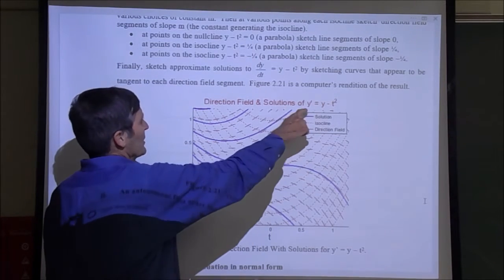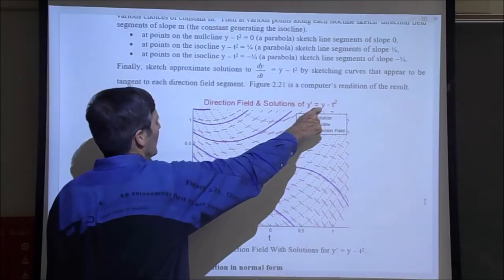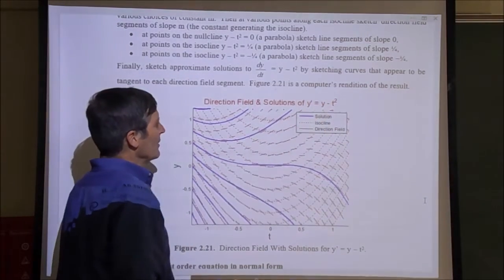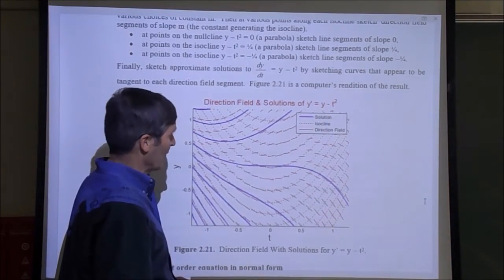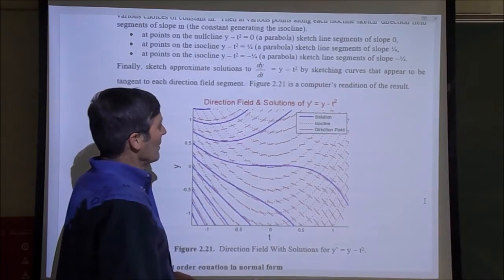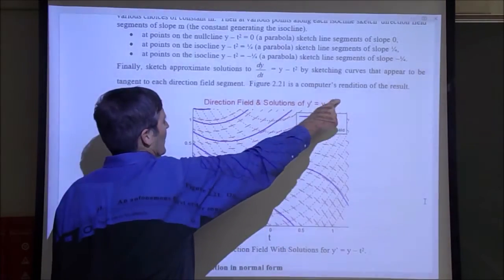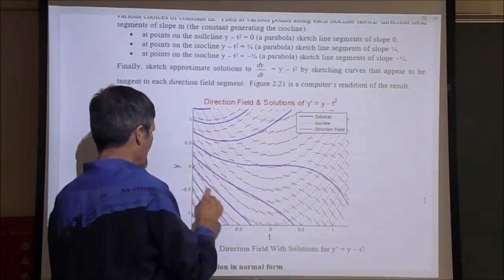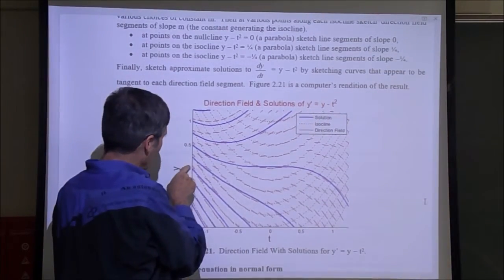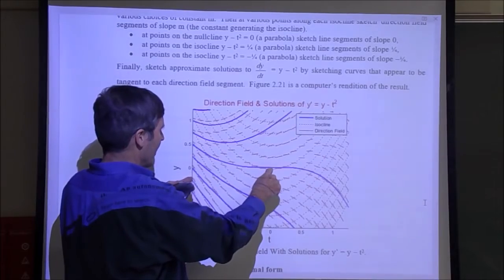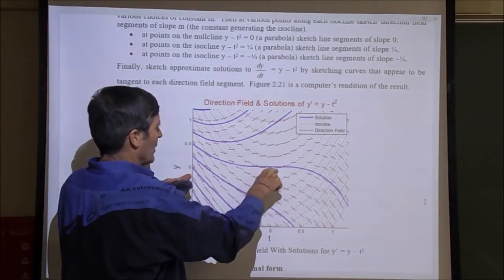And if the differential equation is y prime equals y minus t squared, you say, what function y of t satisfies this equation? Well, you can do the following. At the point (0, 0), you have 0 minus 0 squared, so y prime has to equal 0. So when you're at (0, 0), right here, the slope has to be 0. You draw a little horizontal line.